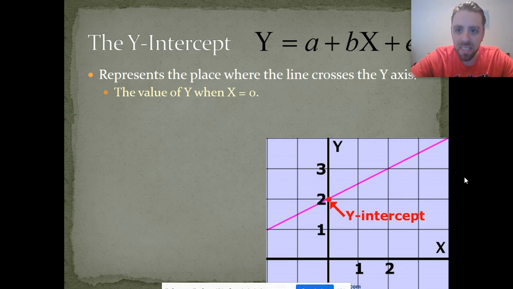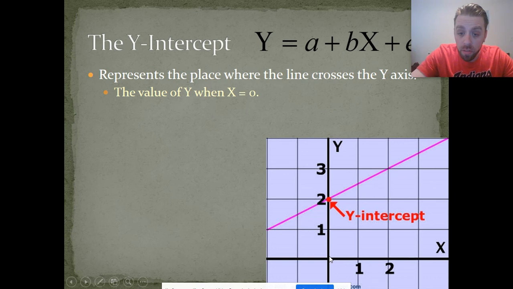It becomes 0. So by setting x equal to 0, you are only left with y equals a. So the value of y when x equals 0, because if x equals 0, it cannot be sliding up this x-axis down here. It must be right here at the interplay of 0, 0.